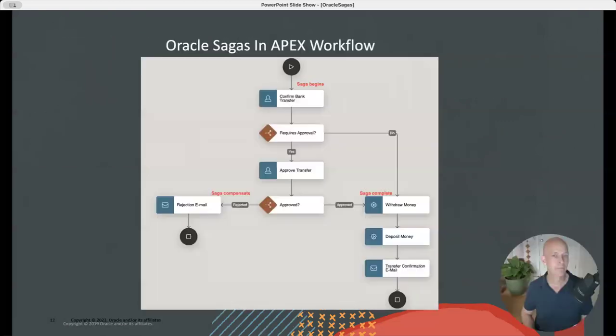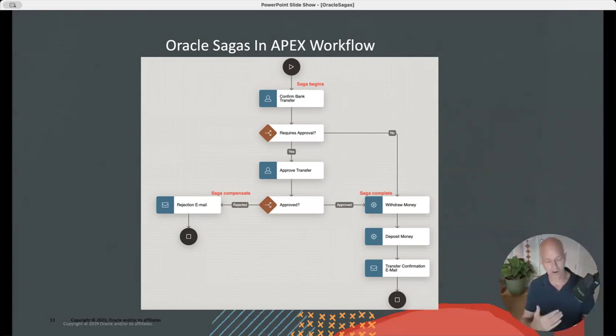Okay. I just wanted to mention very quickly, there is a new workflow product, the Apex workflow in the database, and we support sagas in that. So in the future, I will show other blogs and videos in more detail, but this just shows the workflow that we've written that introduces a manual step.